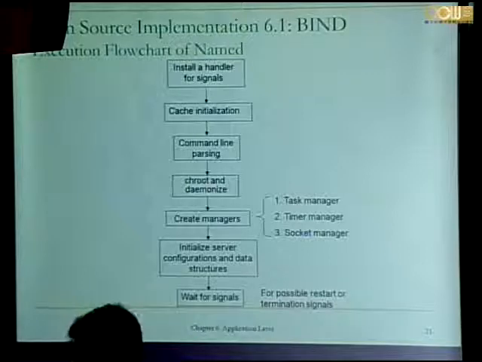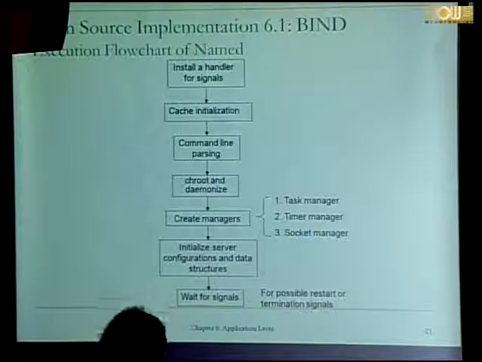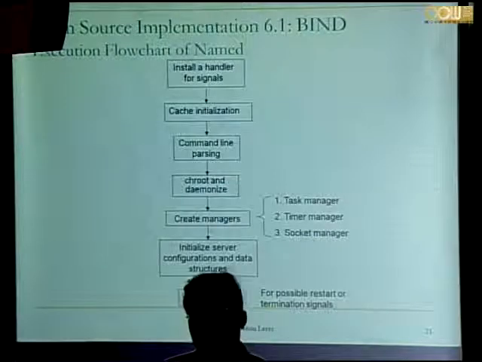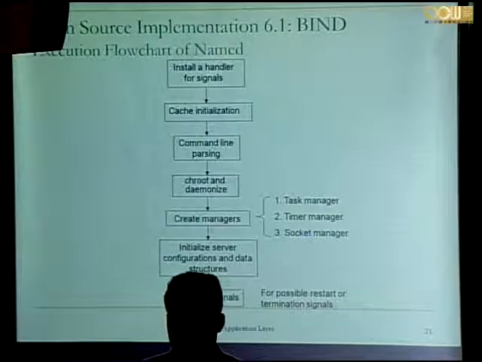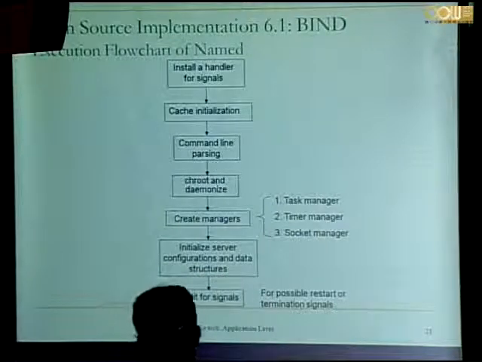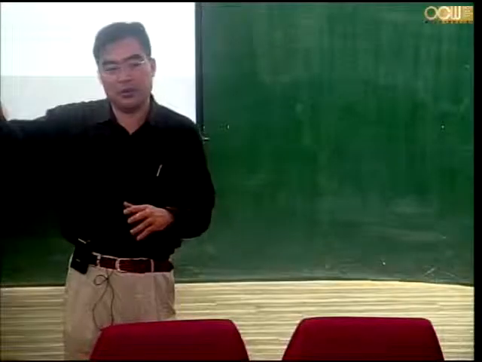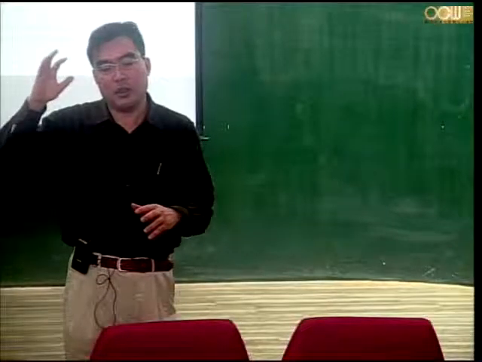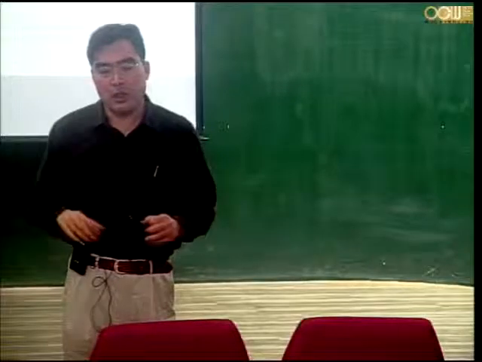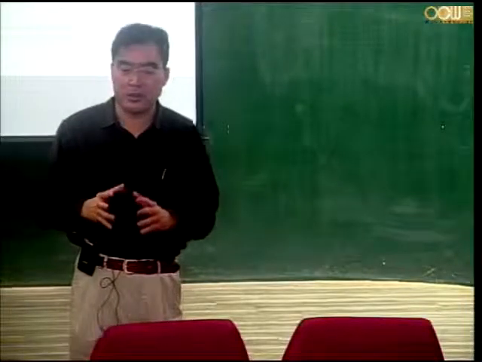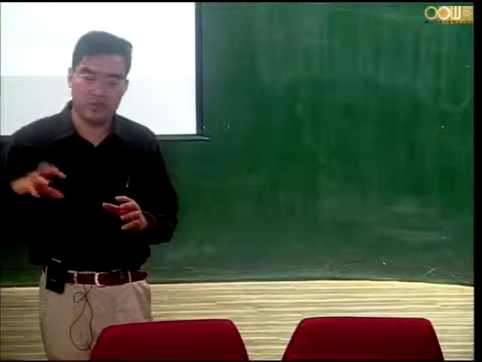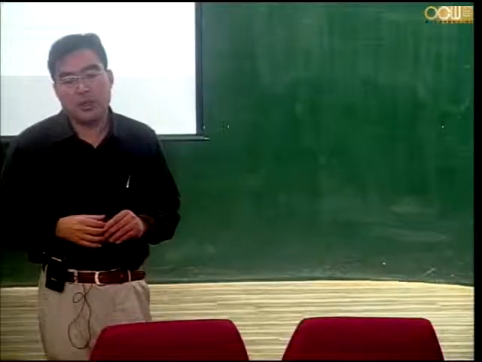Remember last time we talked about the most fundamental way to achieve concurrency is by what? By forking a child process to serve a client. So if there are 100 clients, then you would fork 100 child processes to serve them, and each process will serve one client.